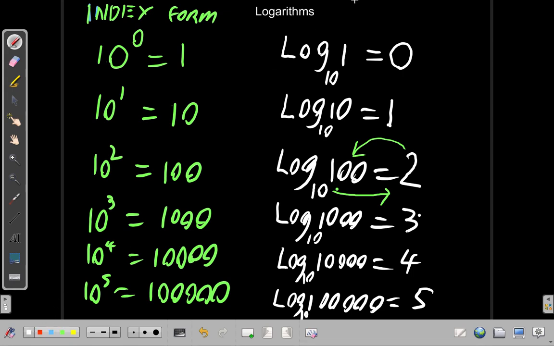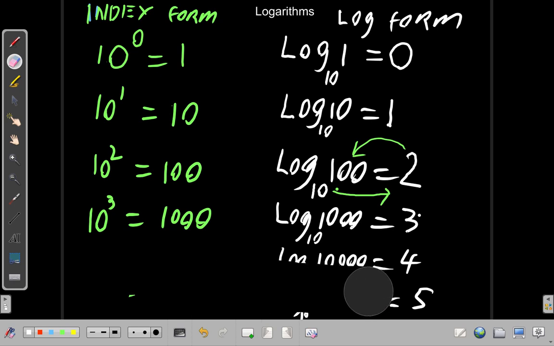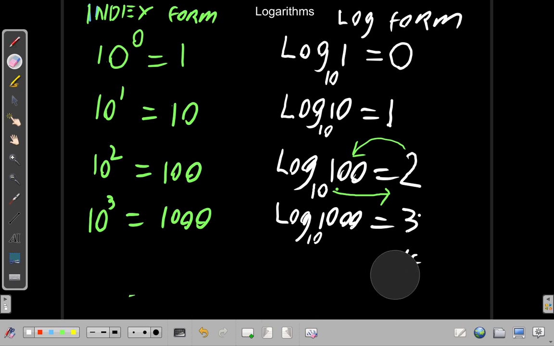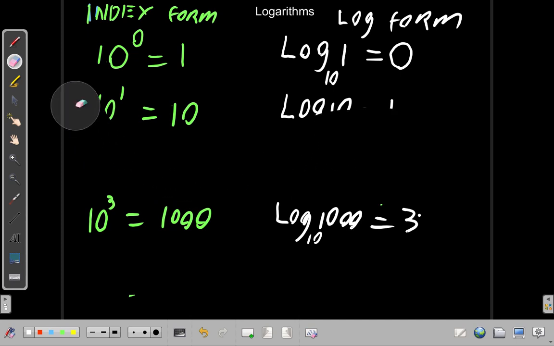And on the right, these are in log form. You're finding the log of a number. So you can see that. Now, let's erase some of what we have here. We're not going to erase everything. Let us keep the 10 to the power of 3 and the log of 1,000 equal 3 in place. Let's keep that there.